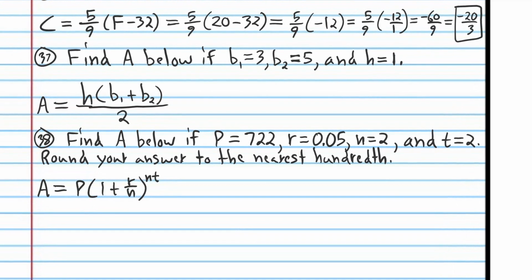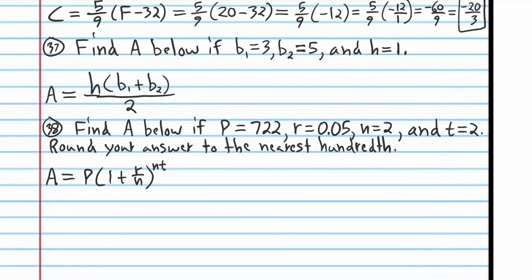All right, number 37. I think you can do number 37. That should look familiar. That's the area of a trapezoid. We did that in my last course, arithmetic. I don't remember exactly how I wrote it, but b1 plus b2 in parentheses times h and then divided by 2.